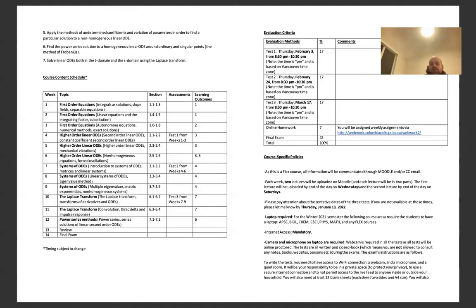Basically, if you want to describe it in a simple sentence, Laplace transform is a method that converts a given differential equation to an algebraic equation. Well, in middle school and high school, you learned how to solve algebraic equations, for example, x squared plus x equals some number, where x is a number, not a function.